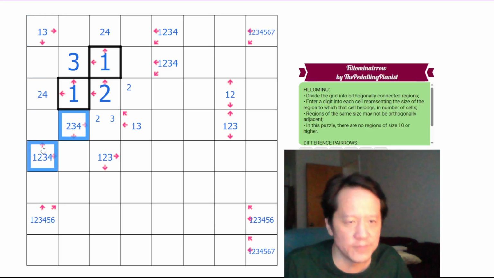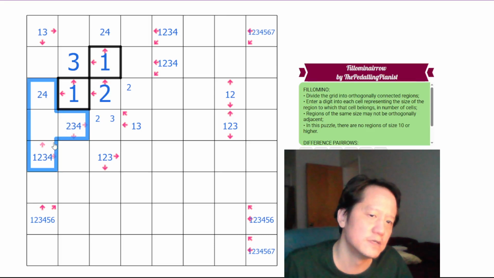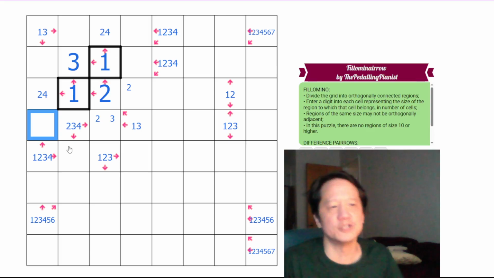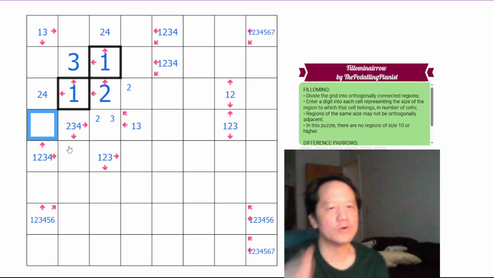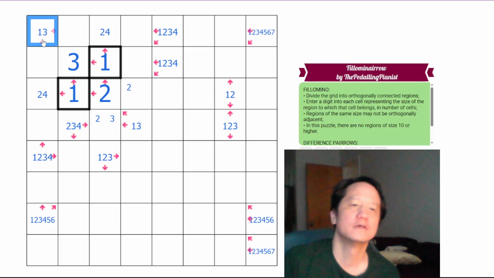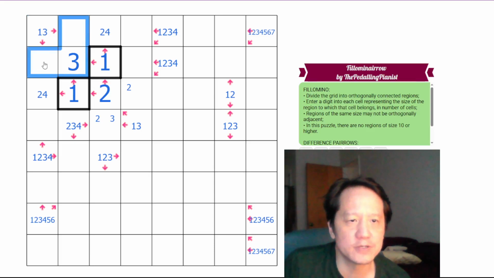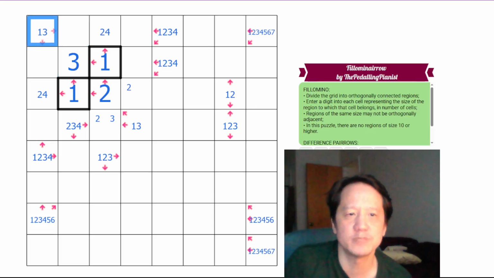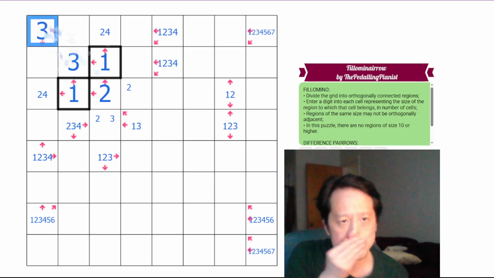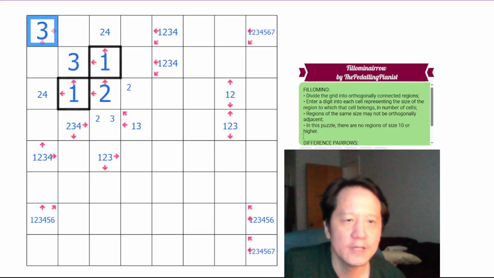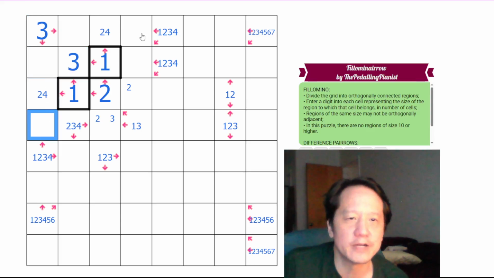And none of these digits are 6. So therefore, it can't be a 6-cell region there. So that's 1. This can't be 1. If this were 1, that would mean 3 is all of these cells, but then 3 and 3 has a difference of 0. So this cannot be 1. This must be 3. That's 3 in the corner. We celebrate because we don't know.